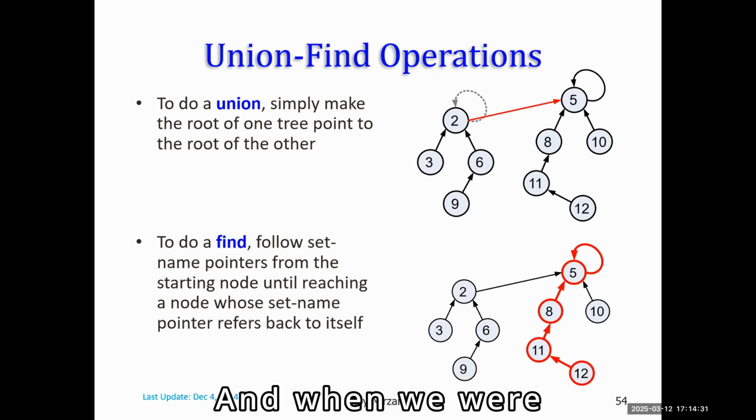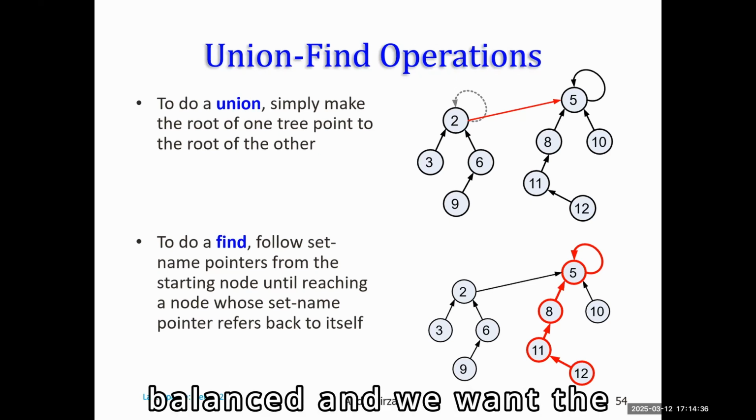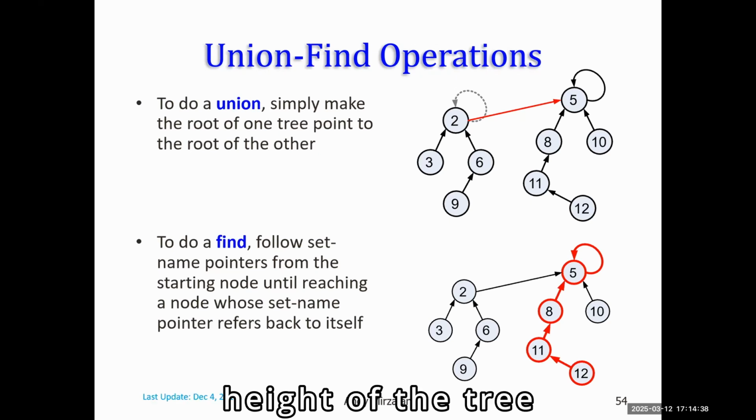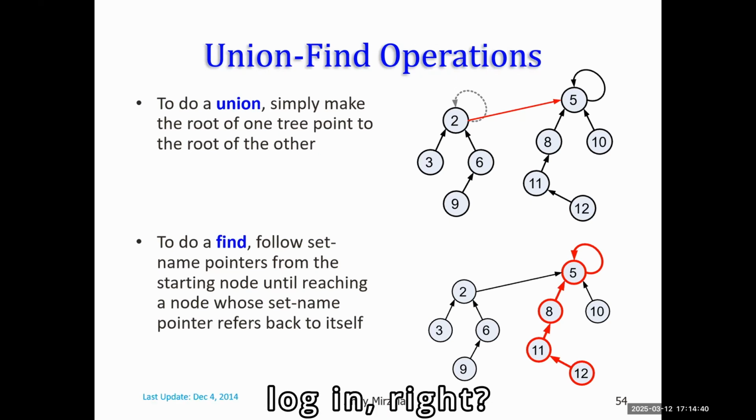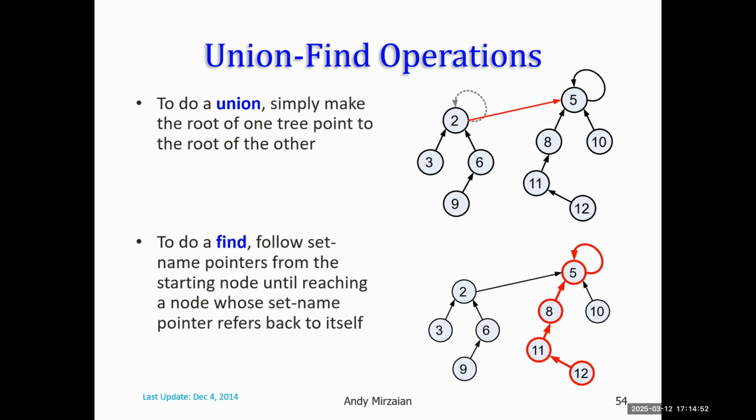When we were doing AVL trees, we had it balanced, and we wanted the height of the tree to be kind of log n. But here we're going for bigger. We want the height of the tree to be more or less 5 or smaller, a constant.